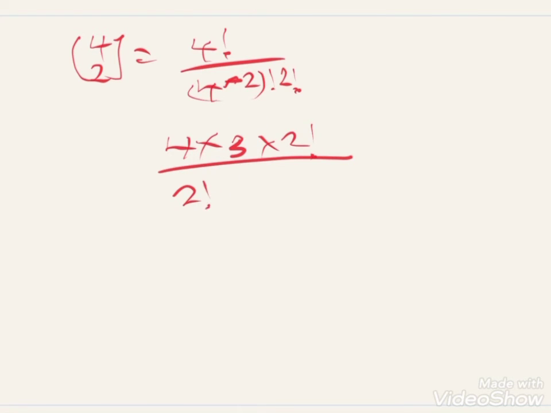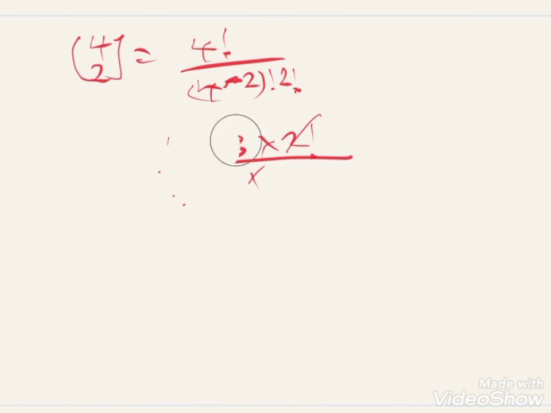We can divide one 2 factorial by another, and we are left with one 2 factorial here, which is 2 times 1, which is 2. Then 4 times 3 is 12, and 12 divided by 2 gives us 6. So 4 combination 2 gives us 6, right?